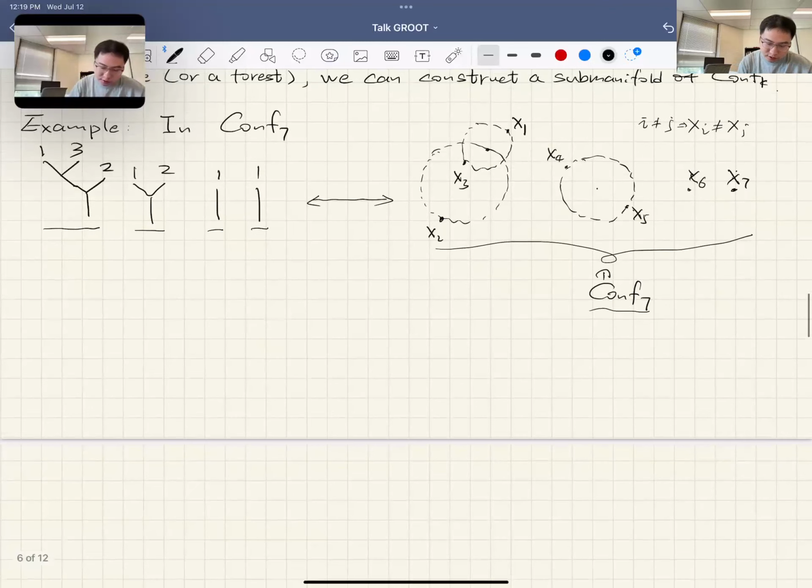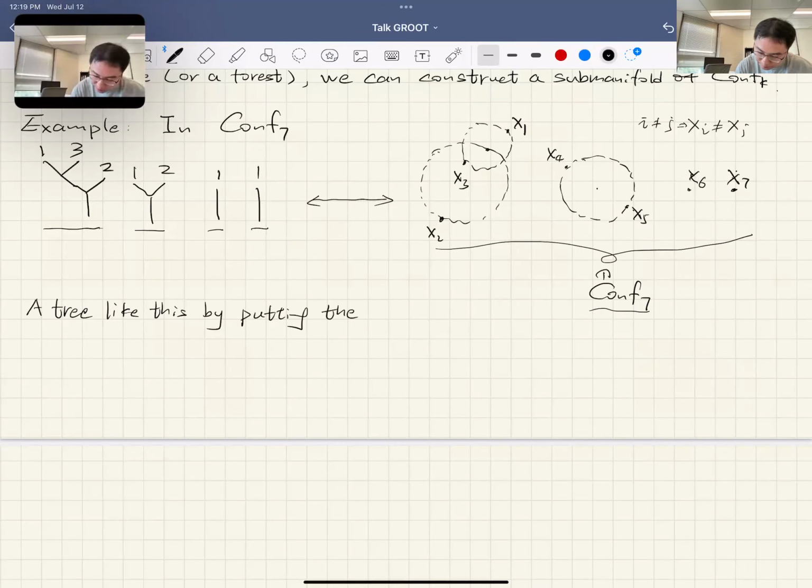Okay, so I'm picking those trees specifically, and those kinds of trees are called tall trees. A tree like this, by putting the smallest number at the deepest leaf, is called a tall tree.